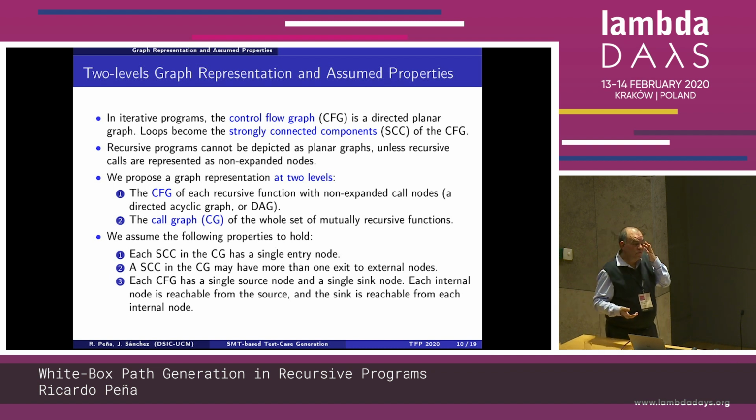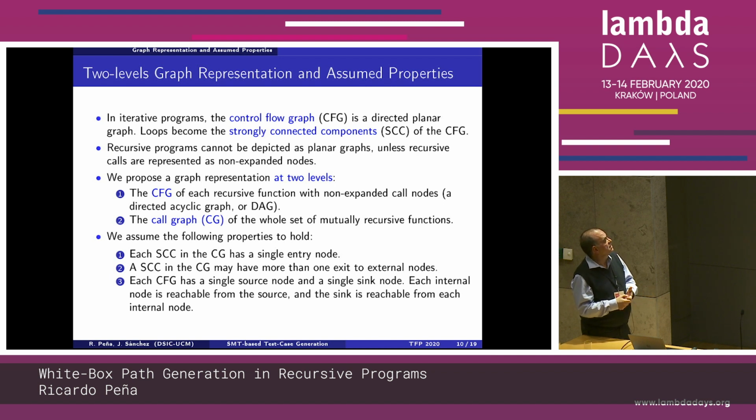Then what we propose is a graph representation at two levels. At the first level, each recursive function is represented by its control flow graph, but there the internal calls are not expanded, they are just nodes. And there are no cycles.